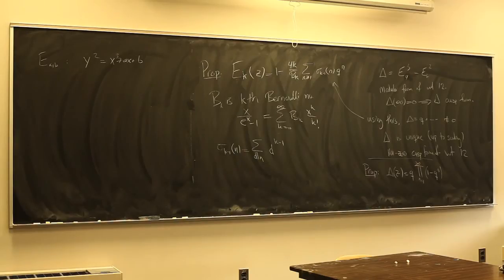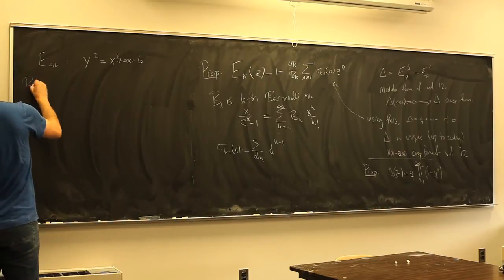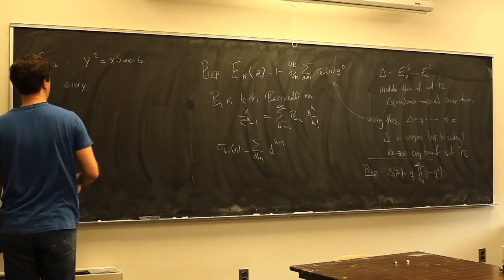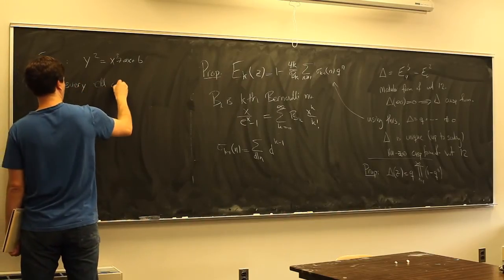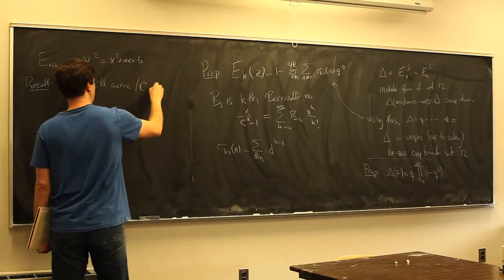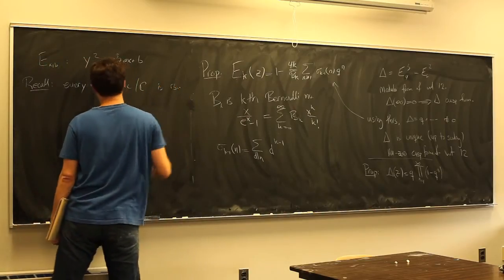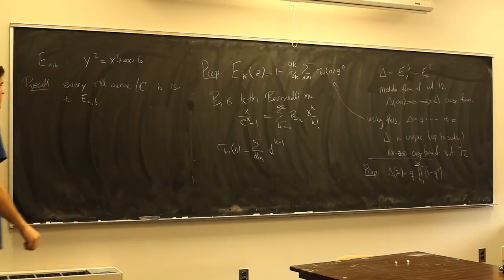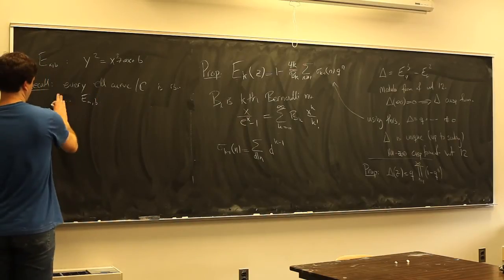So we've talked about this before. Recall that every elliptic curve over C is isomorphic to some E_AB.